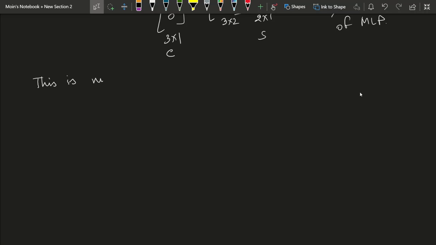This is not applicable for recurrent neural networks, right?